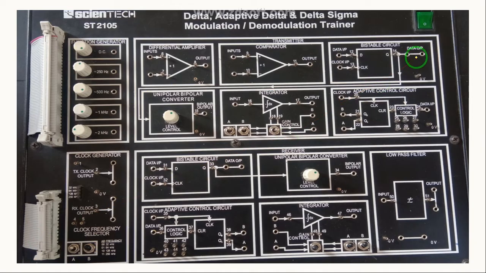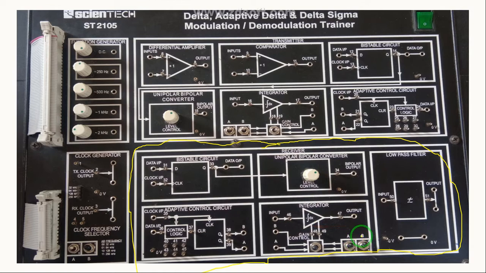After that, when the data output is present, we have to connect it to the receiver section. You can see it, this is your receiver section, the lower section. This is your bistable circuit, unipolar to bipolar converter, which is followed by this integrator.